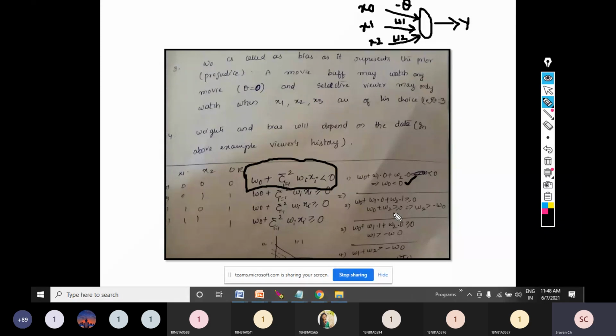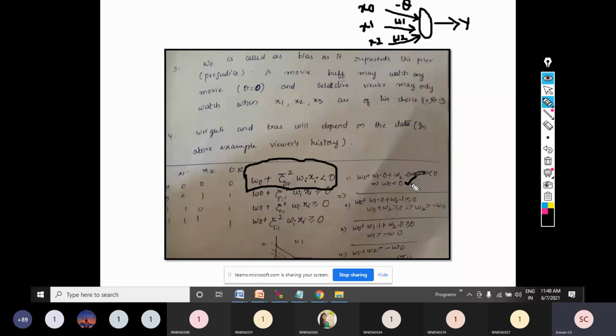So that's the reason it is less than 0. Similarly, all four combinations we substituted, which gave us four different results which we can interpret. So what I came to know is W naught must be less than 0. This is one useful outcome I got after substituting x1, x2.